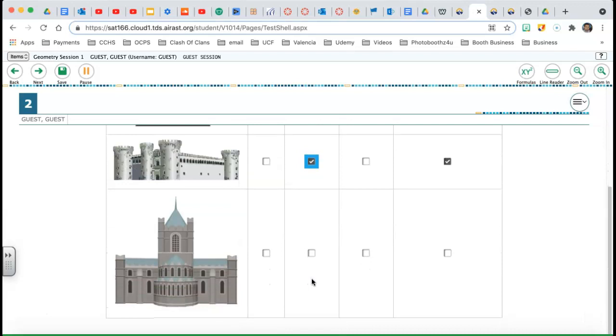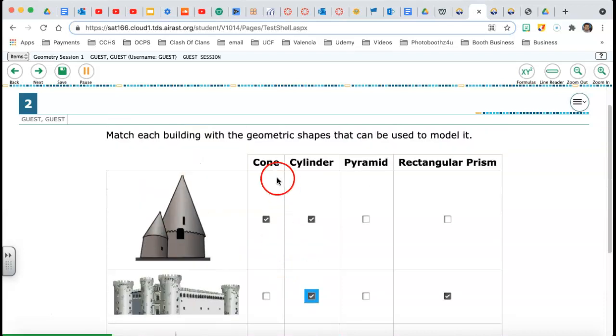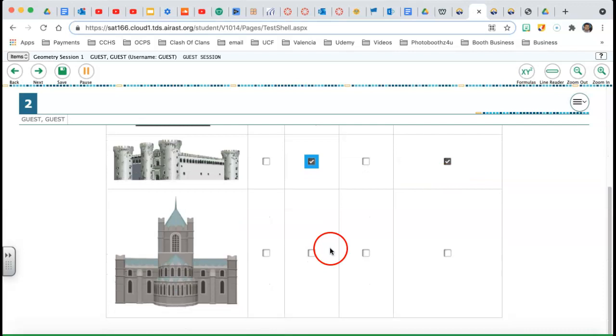All right, number 2. Oh, what about this one? So I draw my pen. Number 3, the third drawing here, let's look carefully. We have cone, cylinder, pyramid, and rectangular prism. First of all, you see this shape in front of the building? This is circular. This is a circle base.